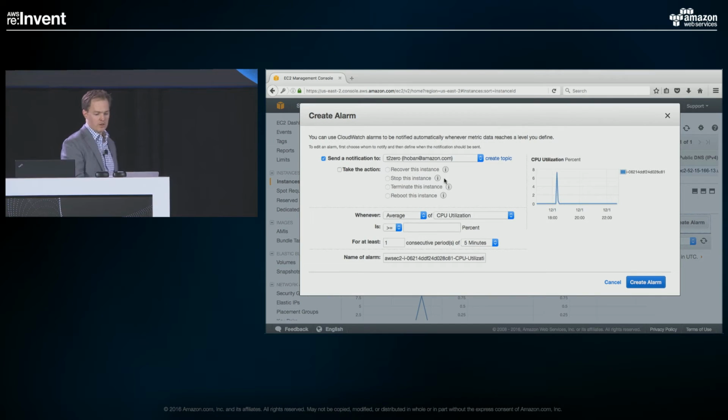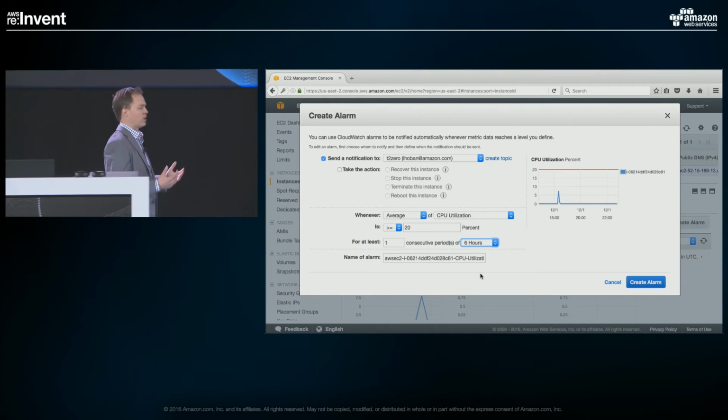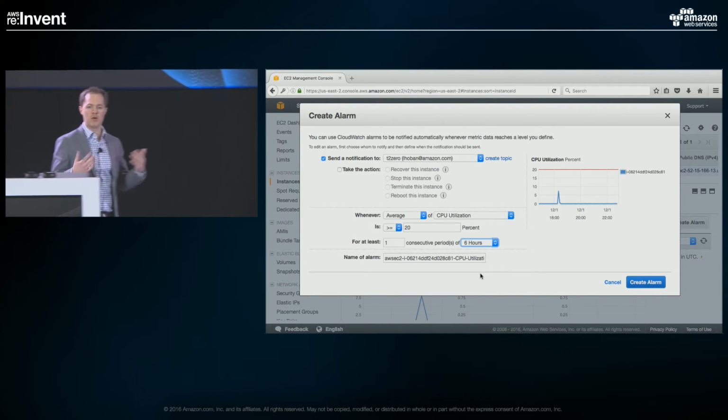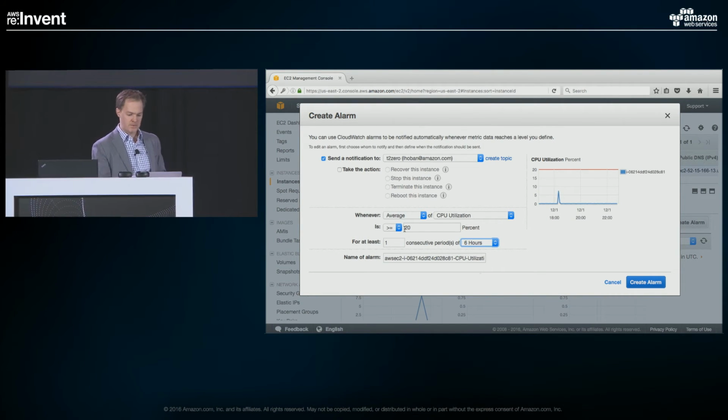So we can come and create an alarm. And there's two things that make sense here. One is to alarm on CPU utilization becoming maybe greater than 50, or in this case, maybe greater than 20% over the last 6 hours. And so maybe I want to know, is my CPU utilization high over periods of time that will be unexpected?